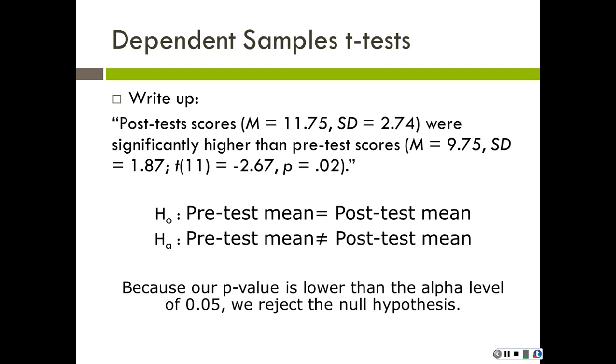So in terms of our null hypothesis significance testing, we can reject the null hypothesis, and we have support for our alternate hypothesis, which is that the pre-test mean is not the same as the post-test mean. They're different. It's a lot of twisting.